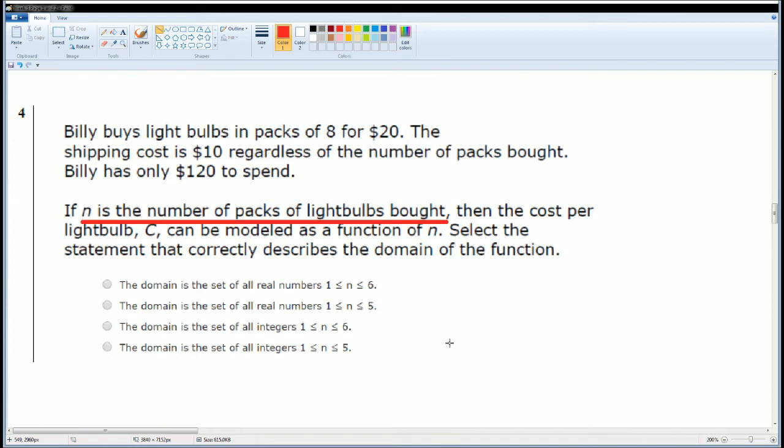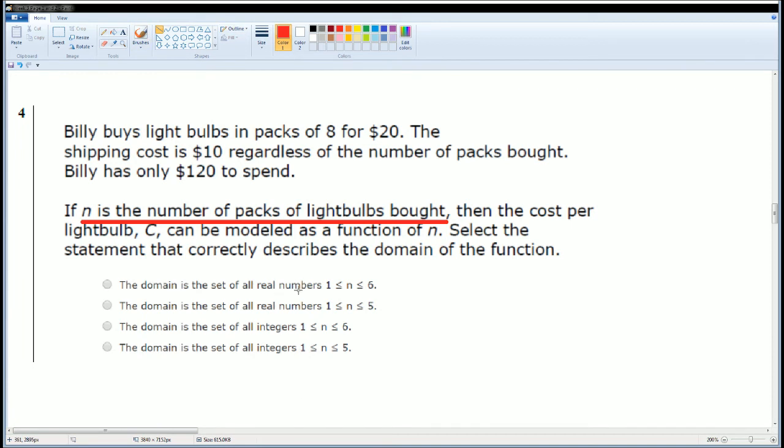These are all in interval notation. The set of all integers. Okay, they say all integers. And the domain is the set of all real numbers. Ooh, no. Bad. So let me just, okay, I will talk about this in a bit.